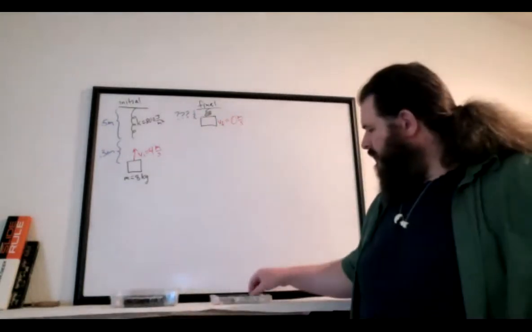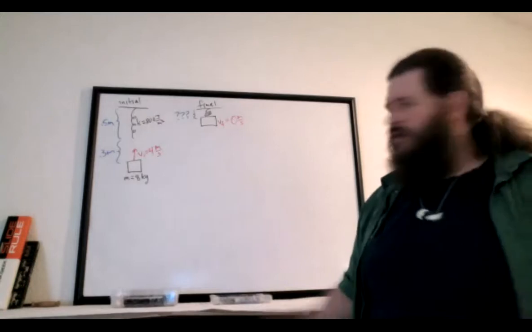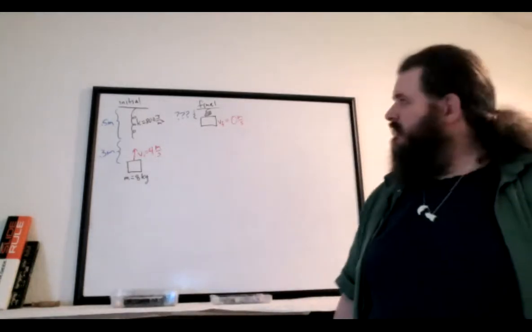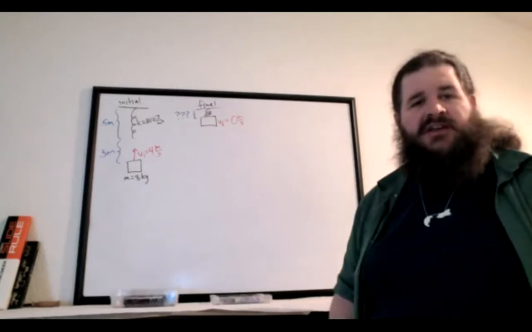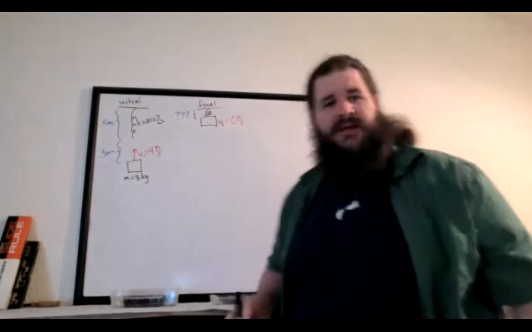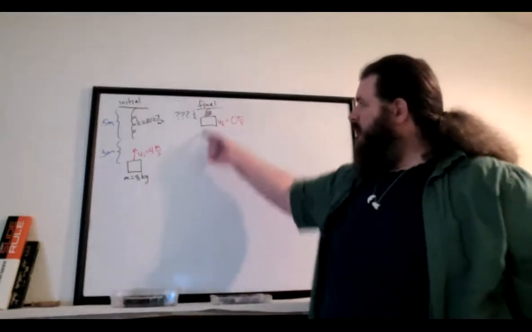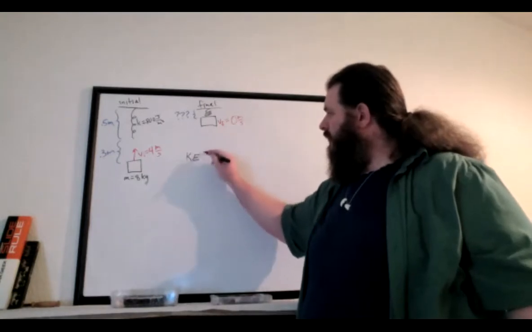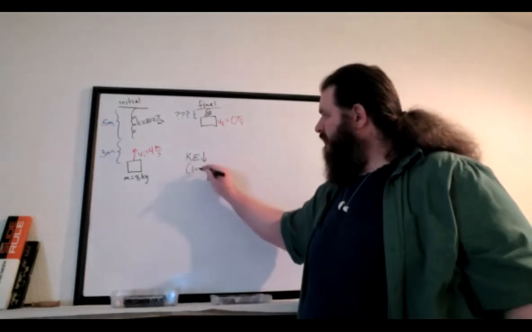So we know that the kinetic energy is changing because it's getting slower. We know the spring potential energy is changing because the spring is getting compressed. And we know gravitational potential energy is changing because we have the object moving upwards. So if we list out all of those, kinetic energy is decreasing because the object is getting slower.